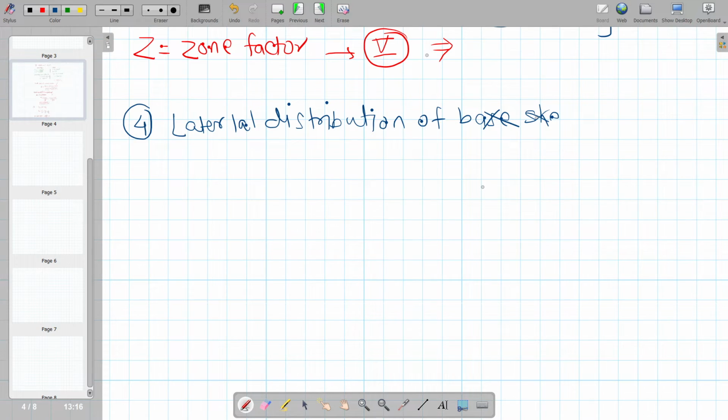For that, we are going to create one table.